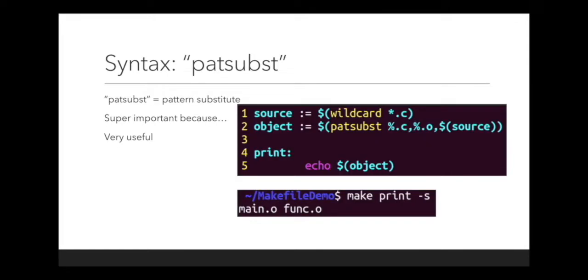And here is an example. So if source is main.c, func.c, then object should be main.o, func.o. So in this way, we can derive all the object files with the same name as source files.